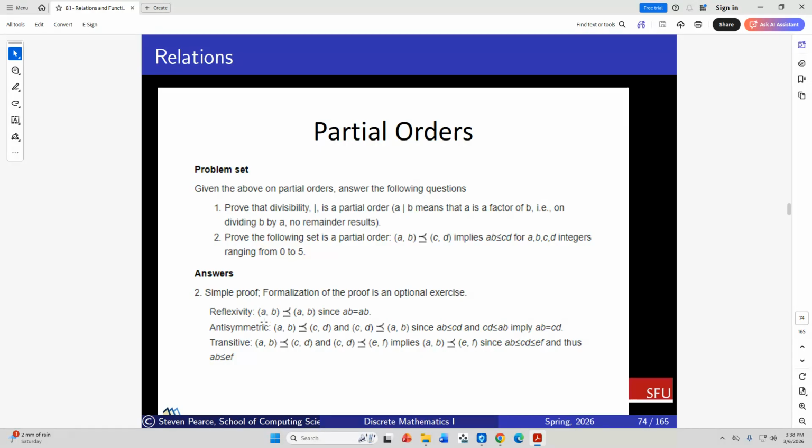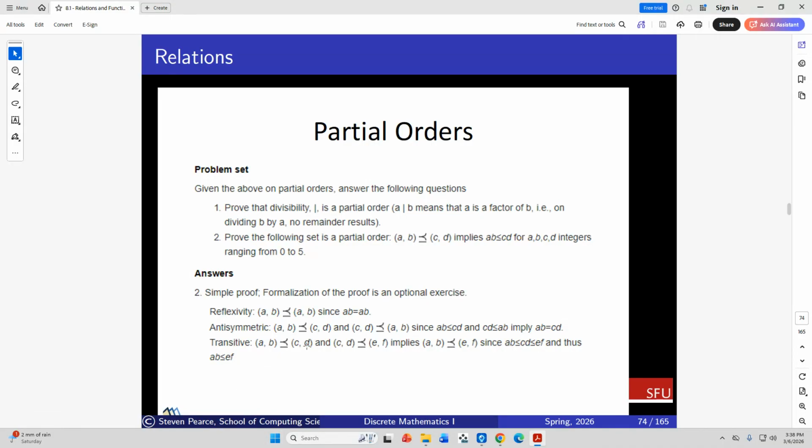Reflexivity: (A, B) precedes or equal to (A, B), since AB equals AB. Okay, so that's reflexive. Antisymmetric: AB precedes or equal to CD, and CD precedes or equal to AB, so that takes care of the preceding part, and equals, which implies that AB equals CD, so that's antisymmetric.